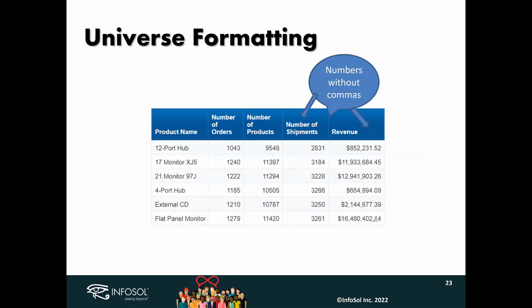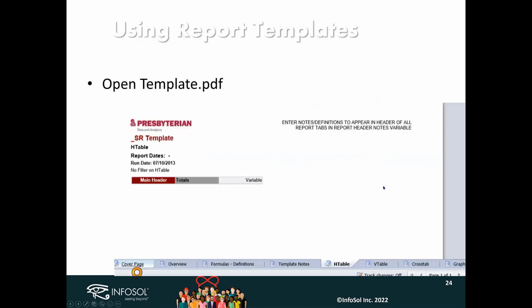Okay, here's a good example. This one, it really bothers me. These numbers should have that comma in there by default. And the revenue, if your company doesn't usually display the decimals, then format that measure in the universe so that it doesn't have that.